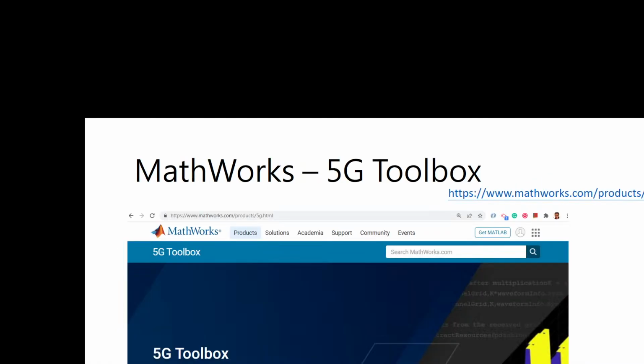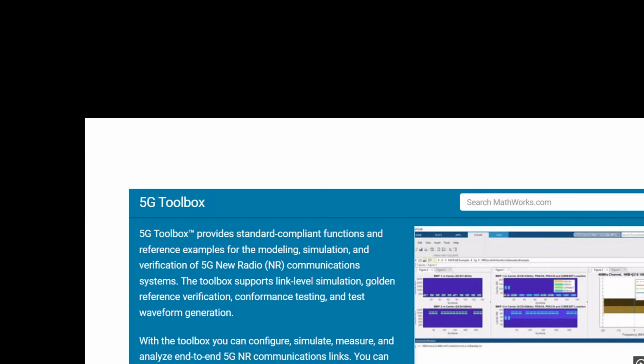Anyway, if you are doing research, especially we have a student from Professor Wang's lab, you can read this to study. There is a toolbox which provides standard-compliant functions and a reference example for modeling, simulation, and verification of 5G New Radio.